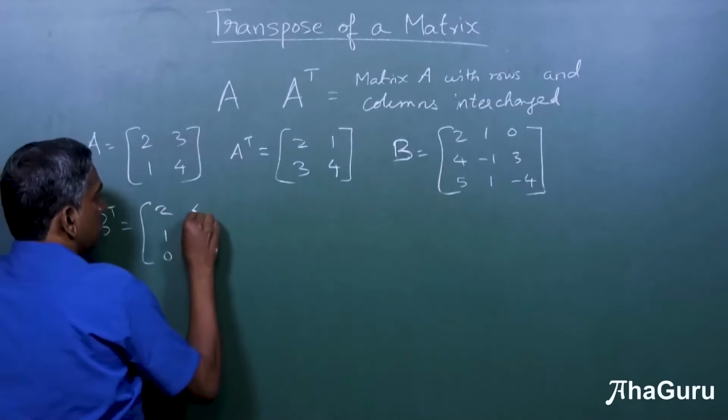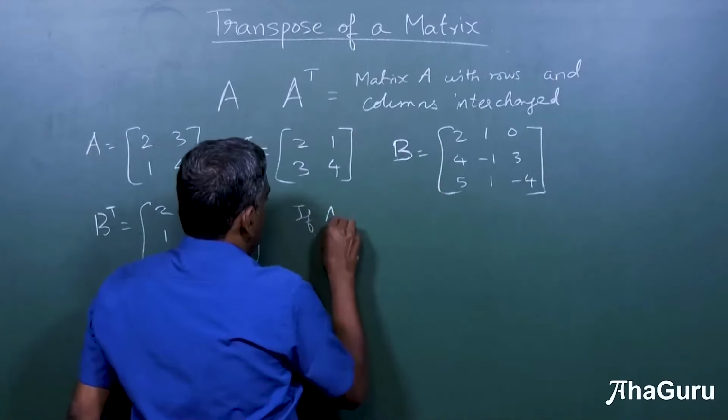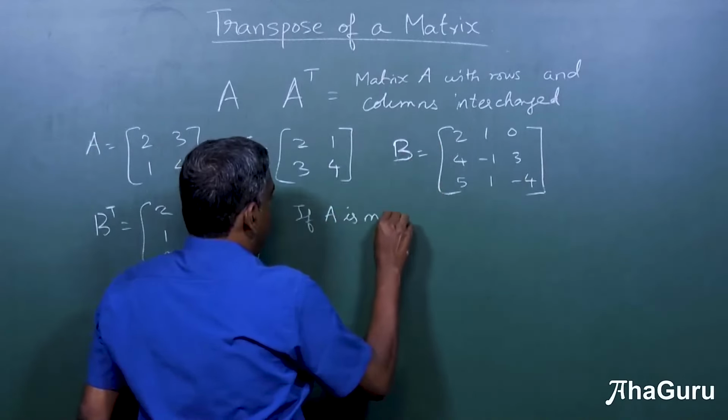I hope you are able to see that. Now the idea is that if A is m by n, then A transpose is n by m.